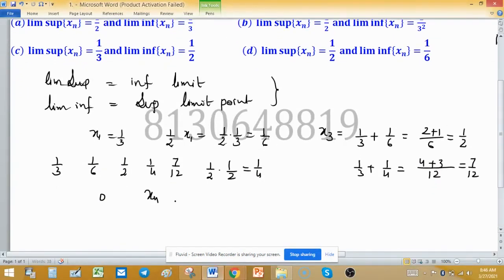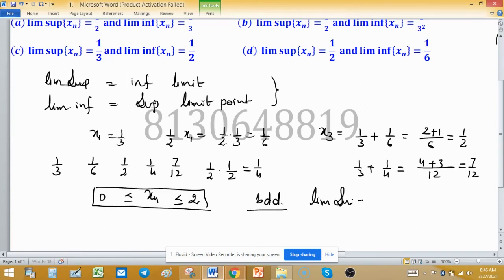So all xn are either less than or equal to 2 or greater than or equal to 0. So we have the bounds 0 and 2. Since the sequence is bounded, limit superior is the largest limit point, and limit inferior, or lim inf, is the smallest limit point.